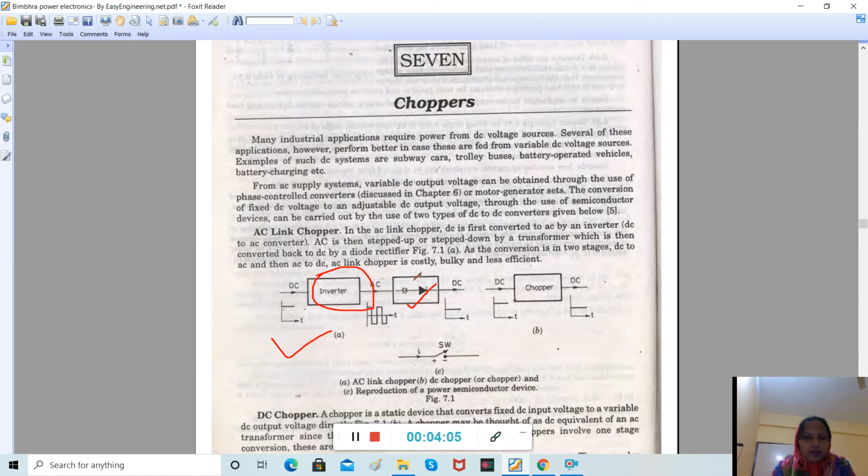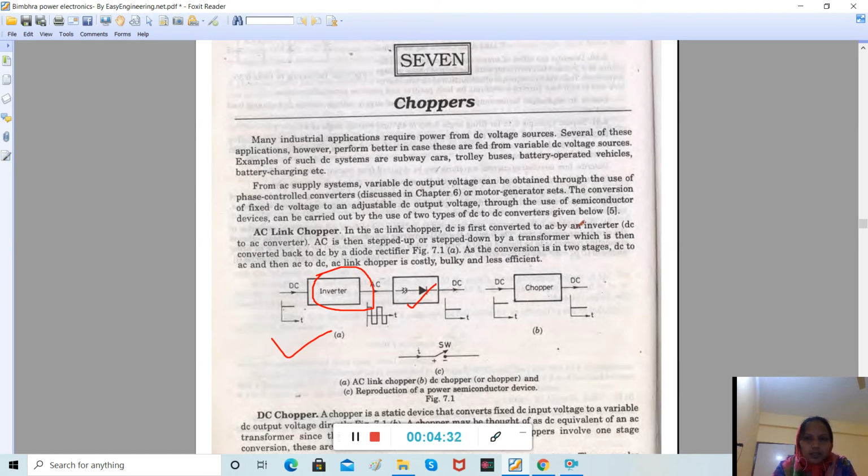So this is the transformer which steps up or steps down the AC output, and then this AC output is converted back to DC with the help of diode rectifier. This conversion has mainly two stages, DC to AC and then AC to DC. That's why it is called AC link chopper. But it is costly, bulky and less efficient. That's why this is not frequently used.